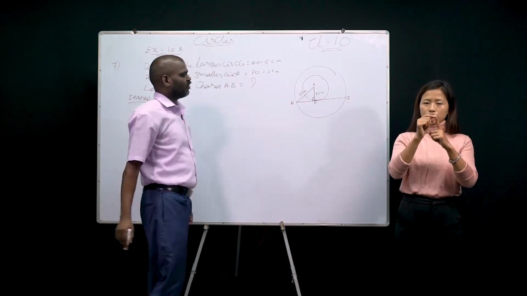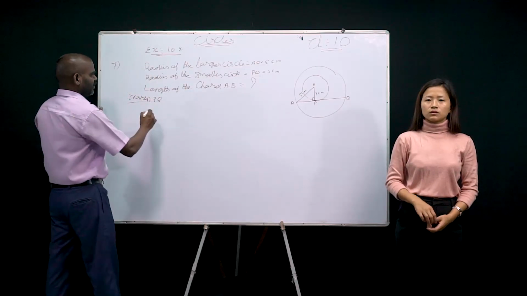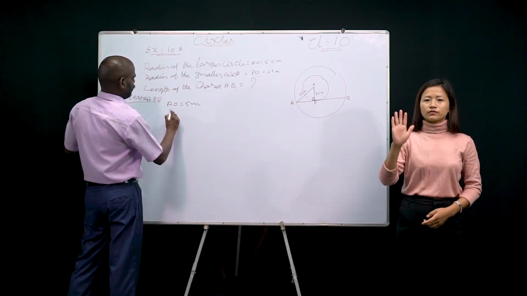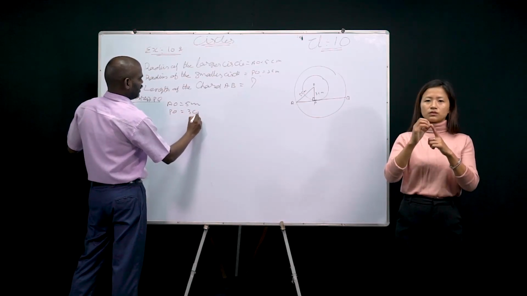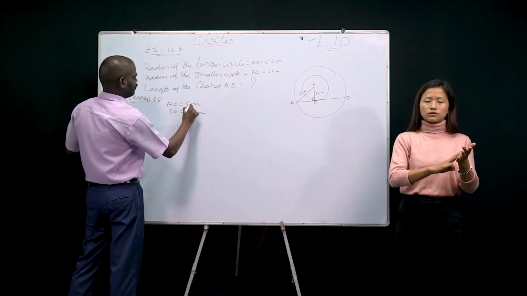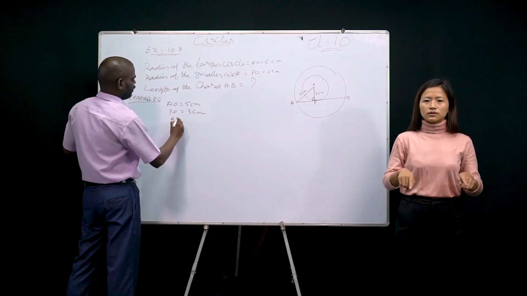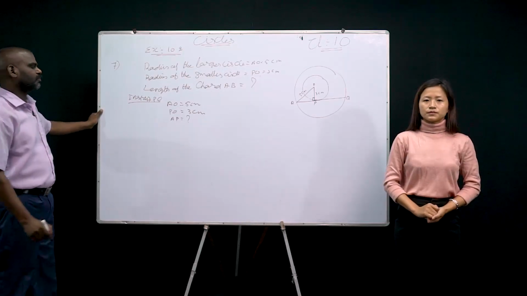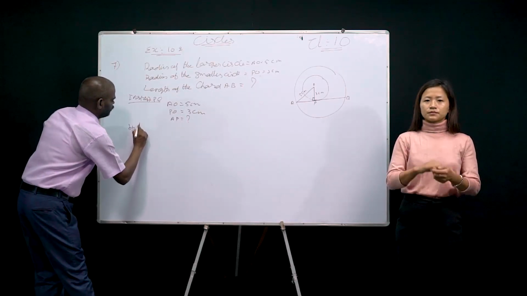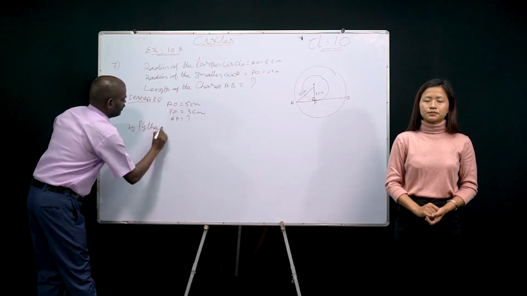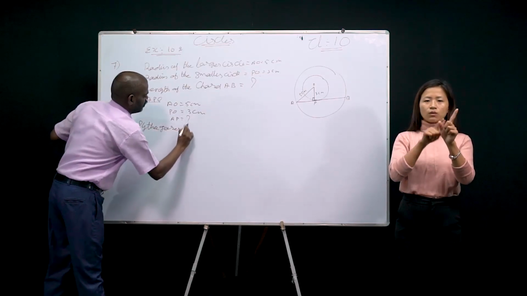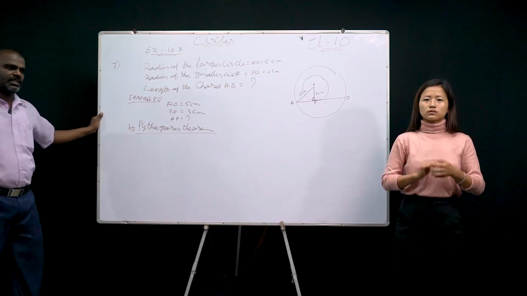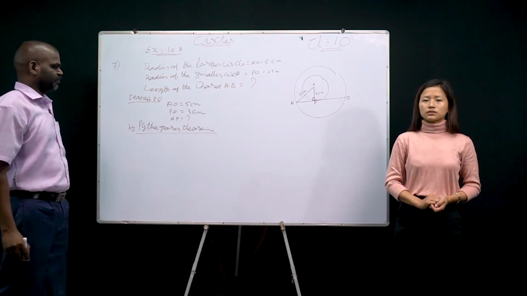OP radius is given. What do we have to find out? AB. AO is equal to 5 cm. PO is equal to 3 cm. And AP is a question mark. First let us find AP by the Pythagoras theorem. What does the Pythagoras theorem tell?